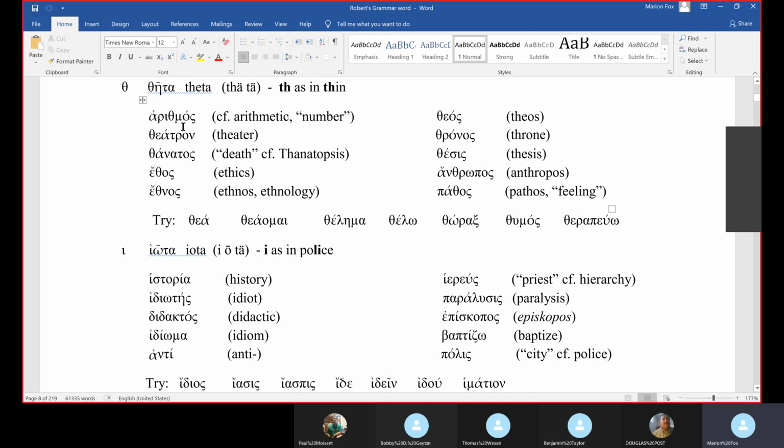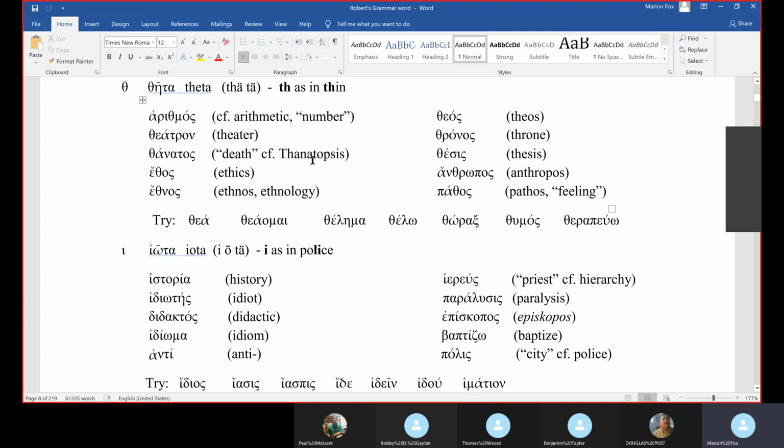Arithmos. And our word arithmetic comes from it, or it's the word for number. Theatron, and that's theater. Notice the theta sound. Thanatos. And there was a poem, I remember when I was in high school, we had to read the poem Thanatopsis.